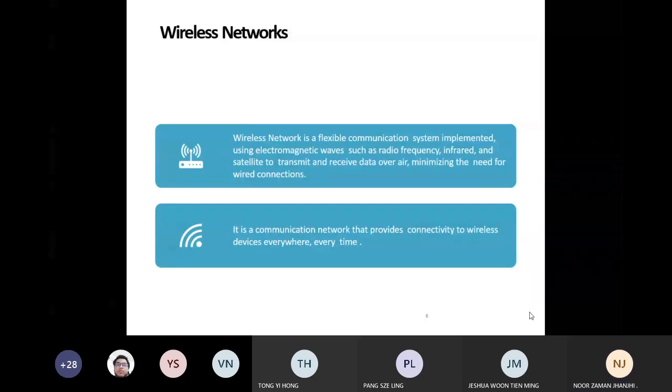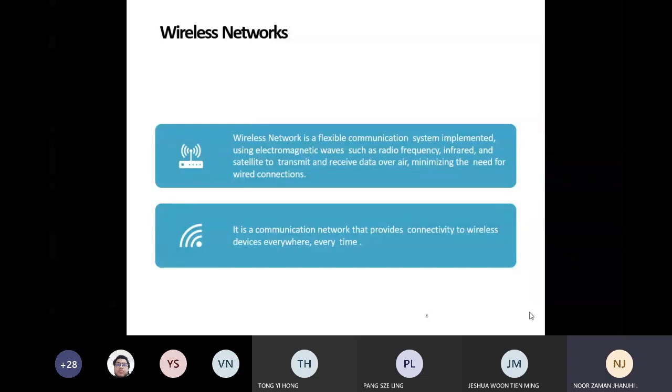Wireless network. Now we are coming back, after giving you the proper idea, to discuss a few more things and understand a few more types of networks. Everybody knows what a wireless network is.